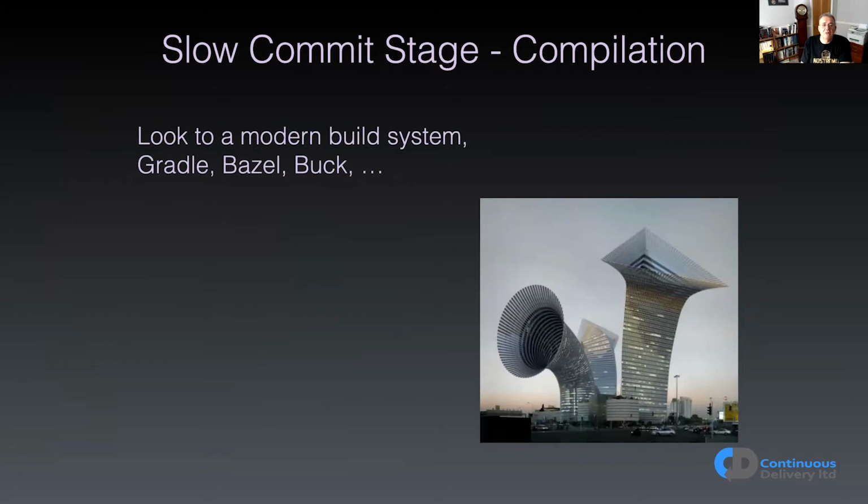Also look to modern build systems. Modern build systems are pretty good at several of these problems, introducing ideas like build caches, incremental builds, and parallelized builds. Gradle, Bazel, Buck are all examples of build systems that have features for different languages and at different levels of support for doing large builds very quickly.